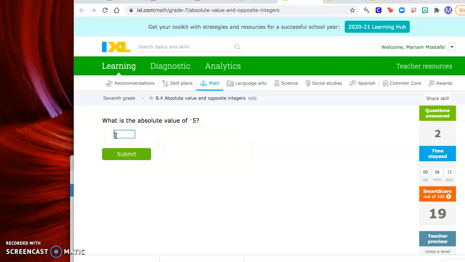Okay, so now here's what we're going to look at: the word absolute value. If it asks you what is the absolute value on iExcel, it's going to ask you in two different ways. It's either going to say it by word, so what is the absolute value, or it's going to show you this sign right here, which looks like two straight vertical lines with the number in between them.